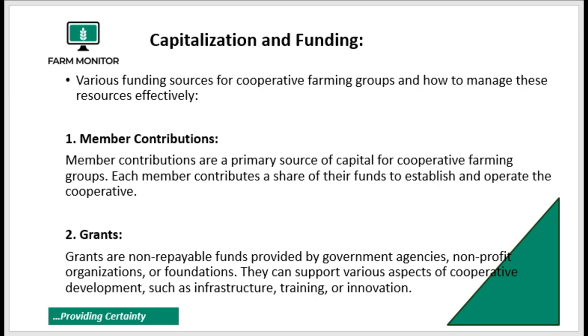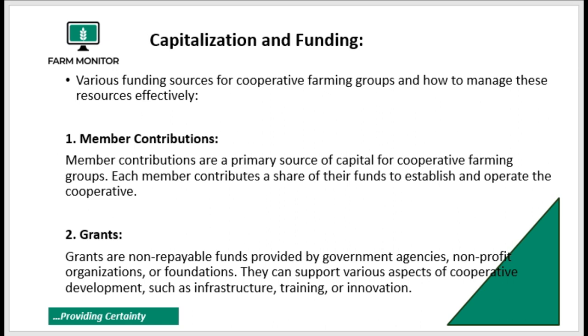members' contributions. So members' contributions are a primary source of capital for groups, whether they are farming groups or any other form of cooperatives. Each member contributes a share of their funds to establish and to run the operations of the cooperative.